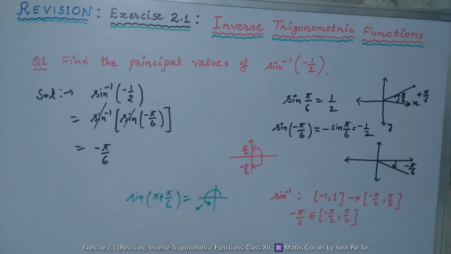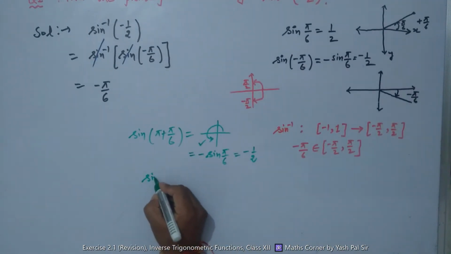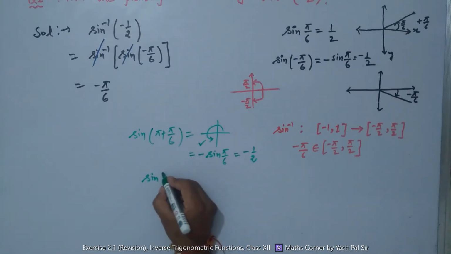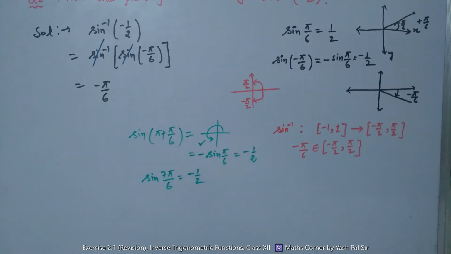In the third quadrant sine is negative. So this is minus sine pi by 6, which is also equal to minus 1 upon 2. So we say sine of pi plus pi by 6, that is 7 pi upon 6, is also equal to minus 1 upon 2.